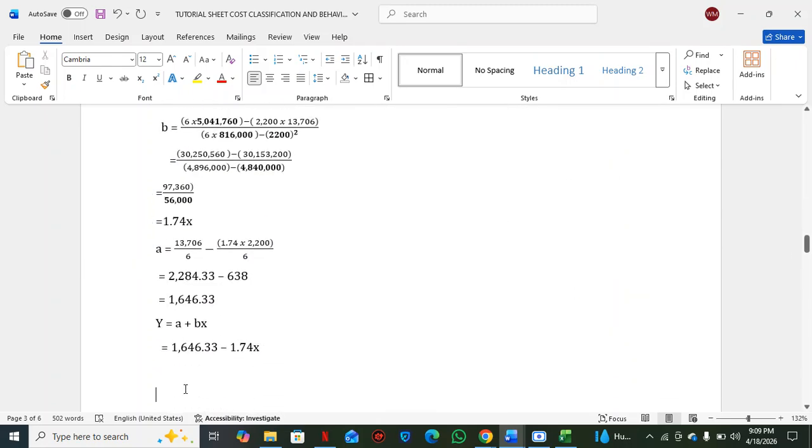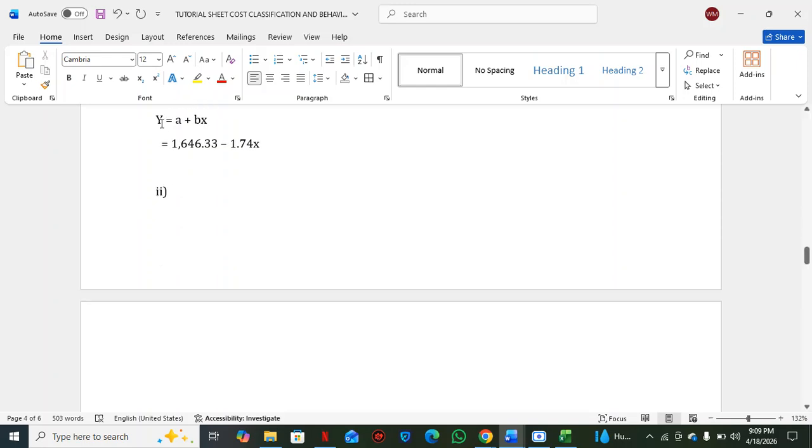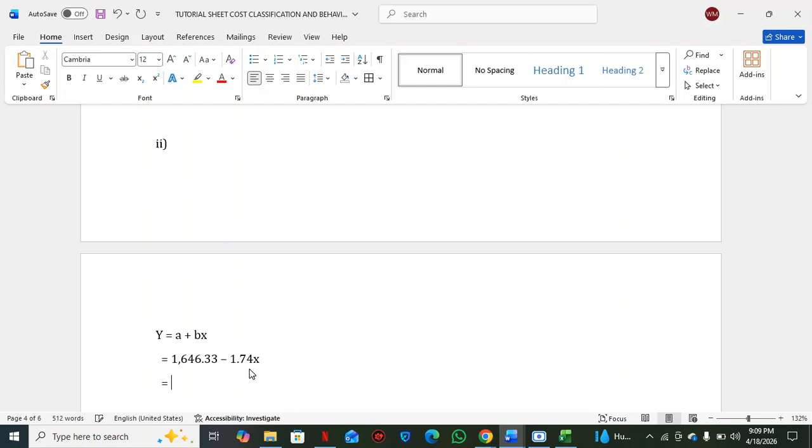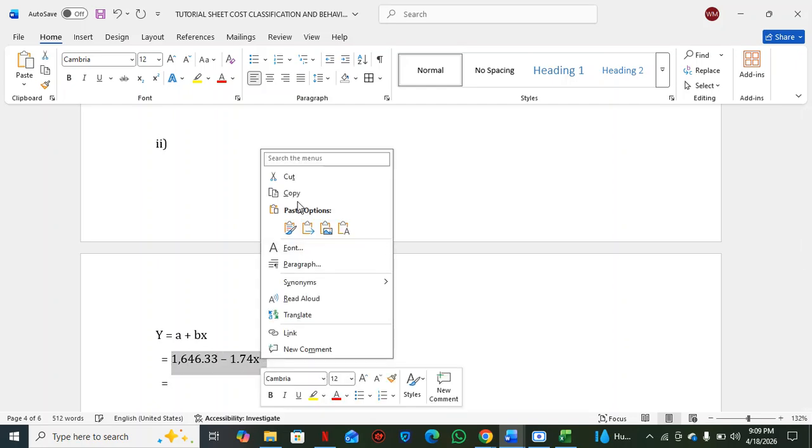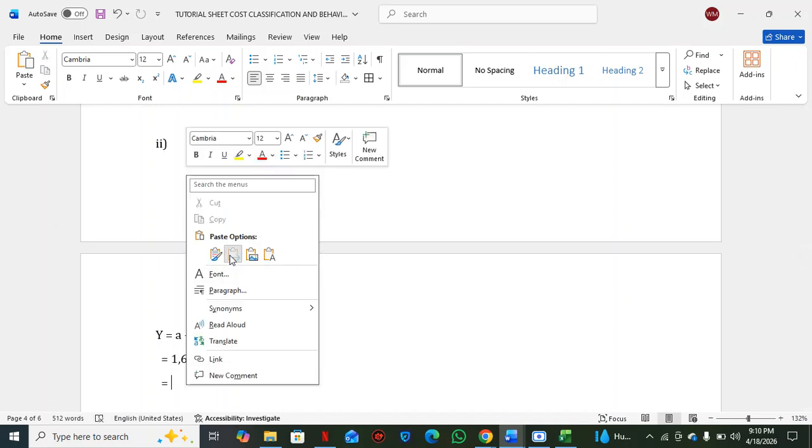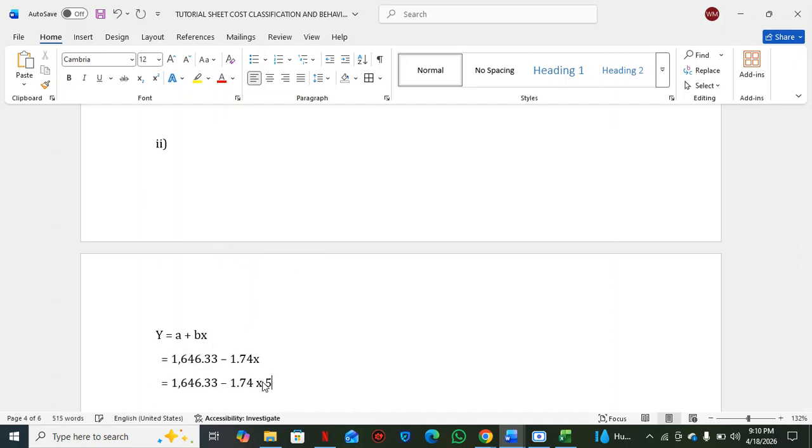So if 500 units are produced, we're just going to substitute X for 500 units. 1.74 times 500 is 870.